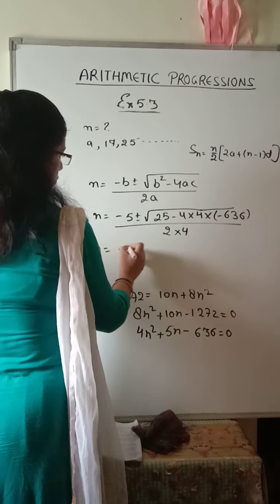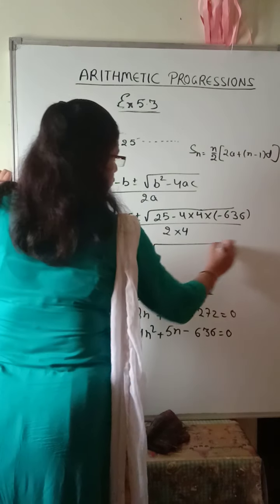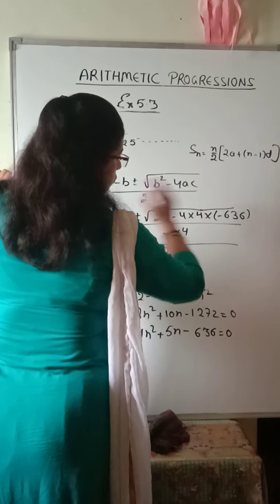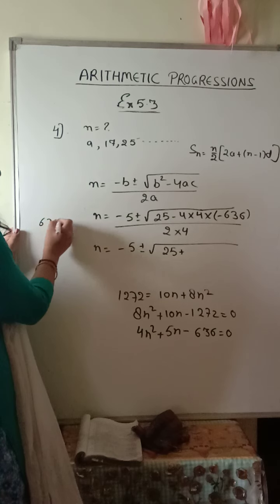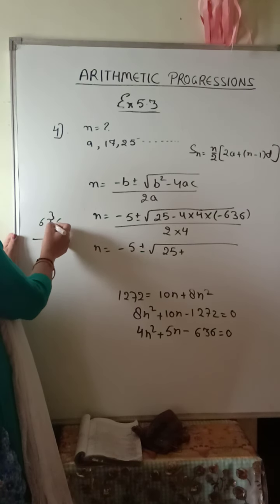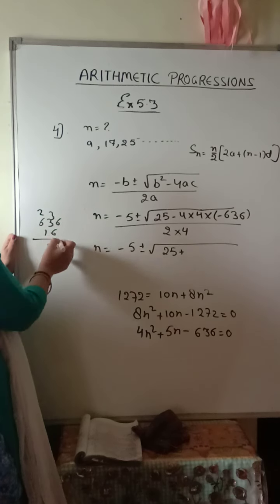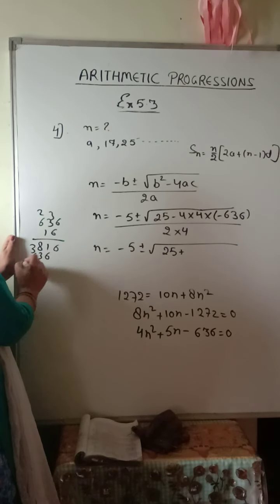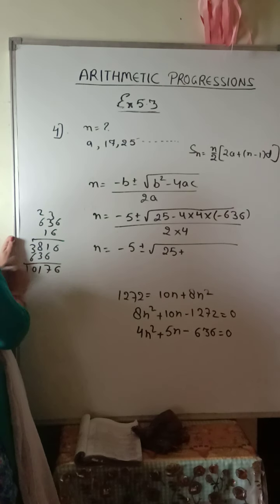So n equals minus 5 plus minus root of 25 plus 4 fours are 16, 16 into 636. 636 into 16, 6 sixes are 36, 18, 21, 6, 3, 6, 7, 8, 9, 10, 11 का 1 carry over 1, 6 7 8 9 10 1 0.